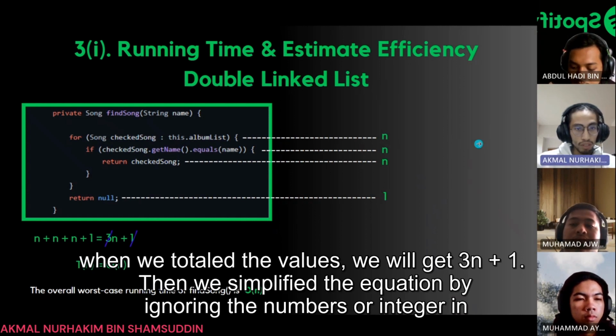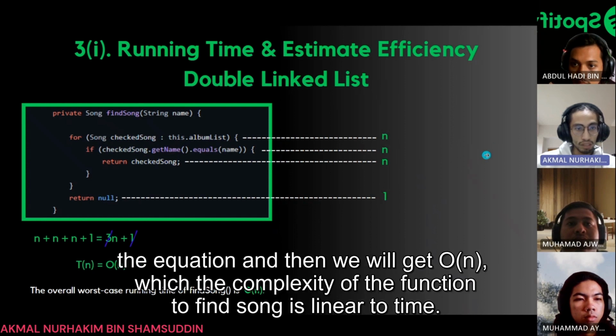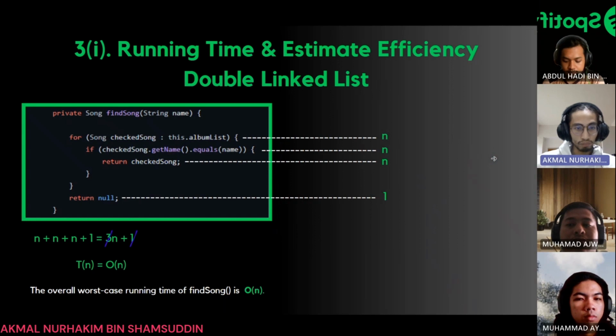When we total the values, we get 3n plus 1. Then we simplify the equation by ignoring the constants, and we get O(n), which is the complexity of the find song function, linear to time.